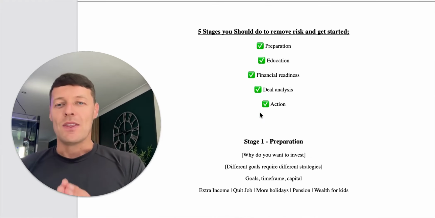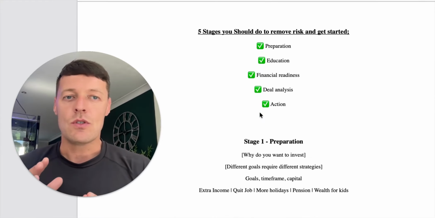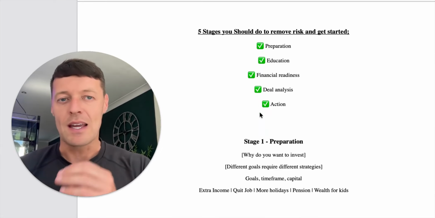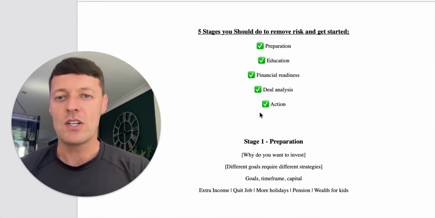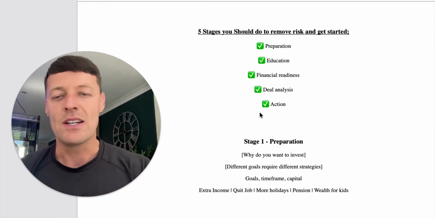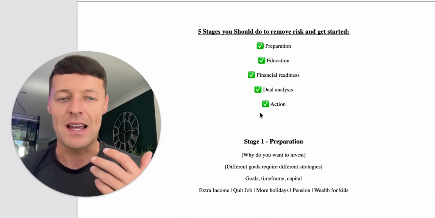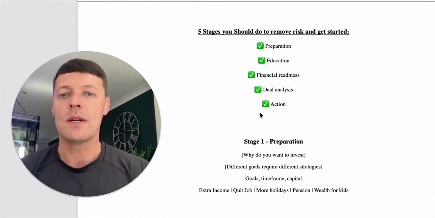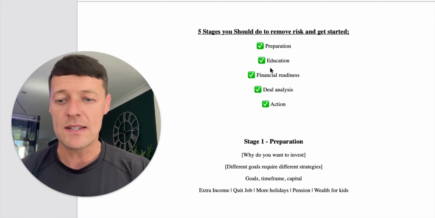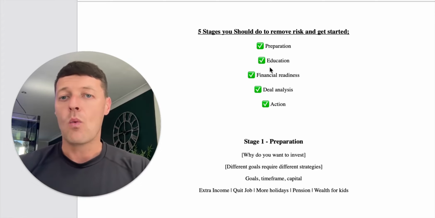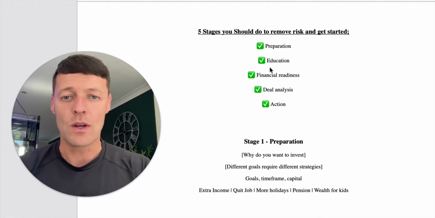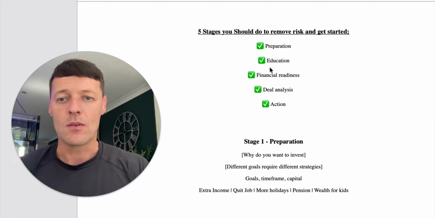Now, there are 5 stages that you should do to remove risk and to get started. And these are preparation, education, financial readiness, deal analysis, and action. And what I'm going to do is run through each one of these so that you know exactly what to do and why these things will help you to progress and get you to that first elusive property.